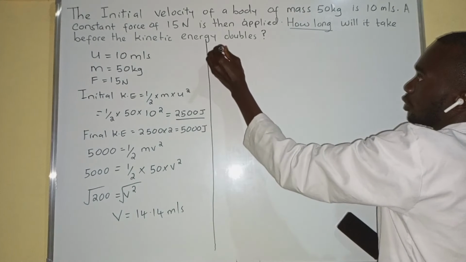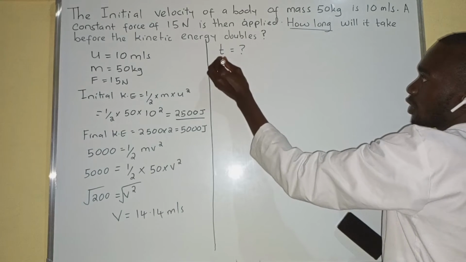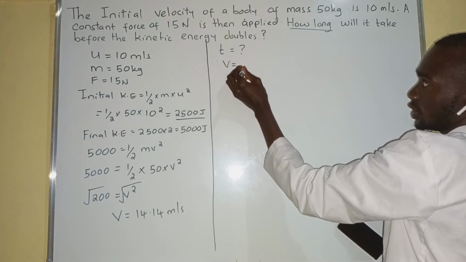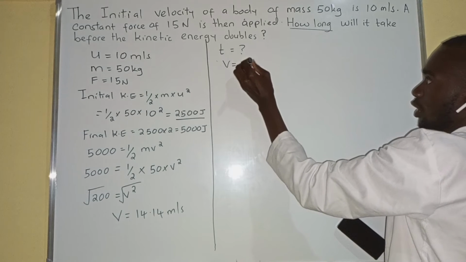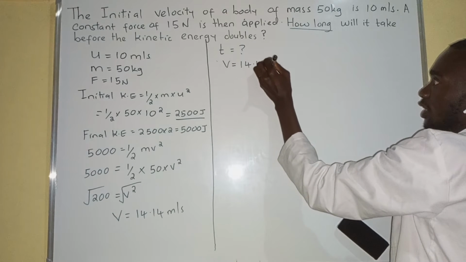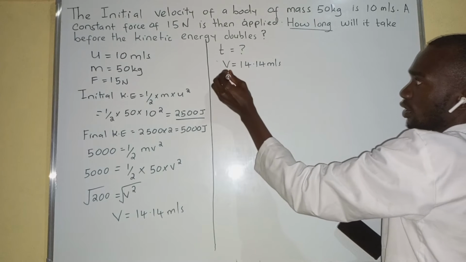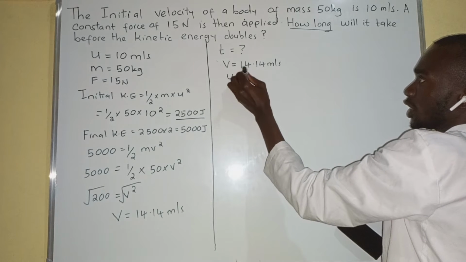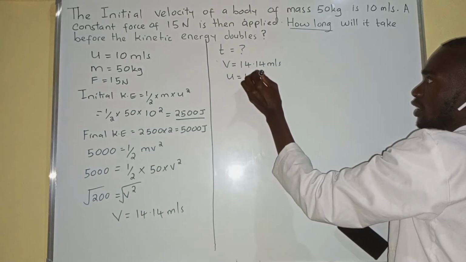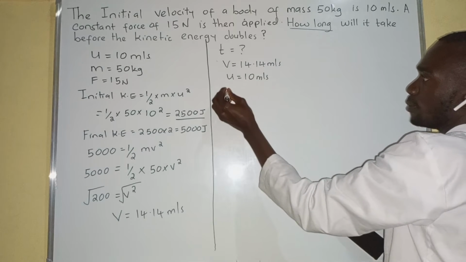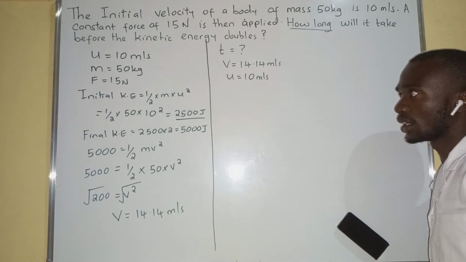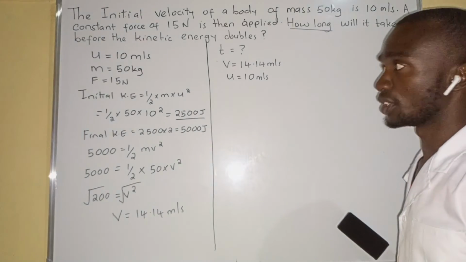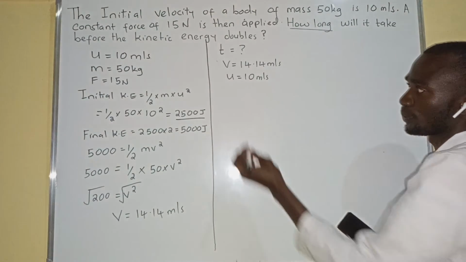The question asks us to find how long, so time is what we're looking for. We have the final velocity v equal to 14.14 meters per second, the initial velocity equal to 10 meters per second, and the mass is given. Now we can find the acceleration of this body because we have the mass and the force.